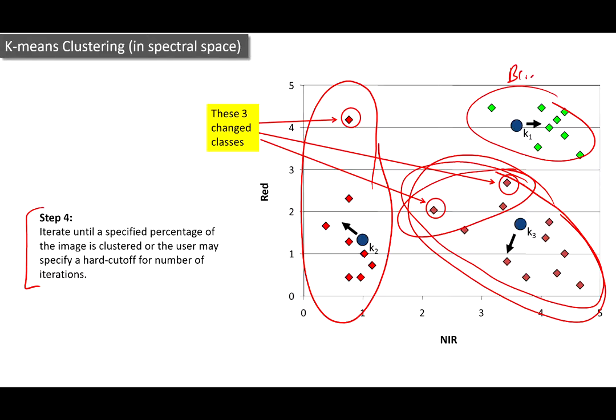In this case, say bright soil, forest, and water. Of course, we still have some error. That might be atmospheric contamination or something like that. So we will give this a try using R.